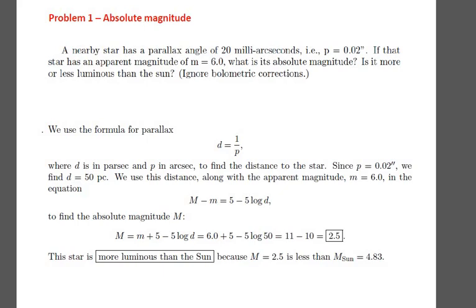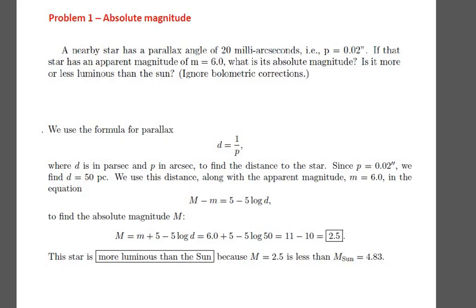Now what do we do? Well, of course we use the distance and parallax relation, and using this we can find the value of D. Then we put the D in. You see, what do we have? We already have the apparent magnitude m, right?